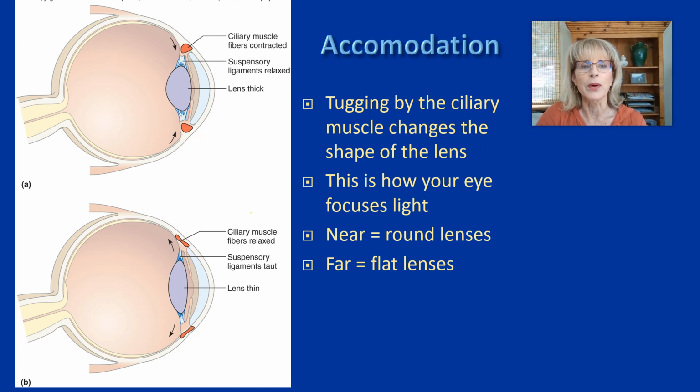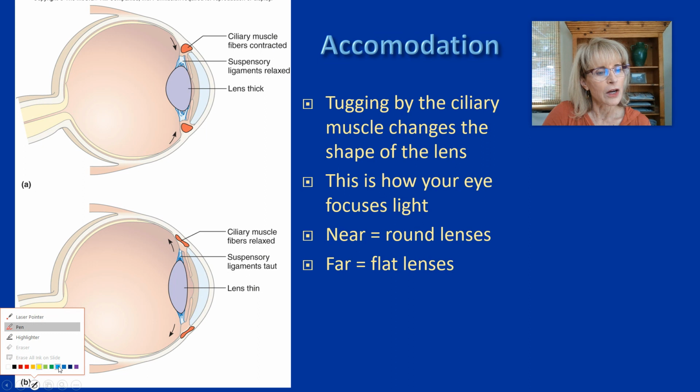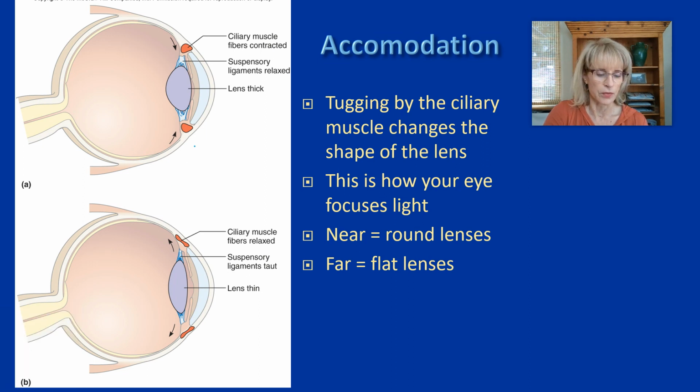One thing to remember, when the ciliary muscles contract, they loosen tension on the lens and allow the lens to get really fat. And when the lens gets fat, now we can see stuff that is very close.